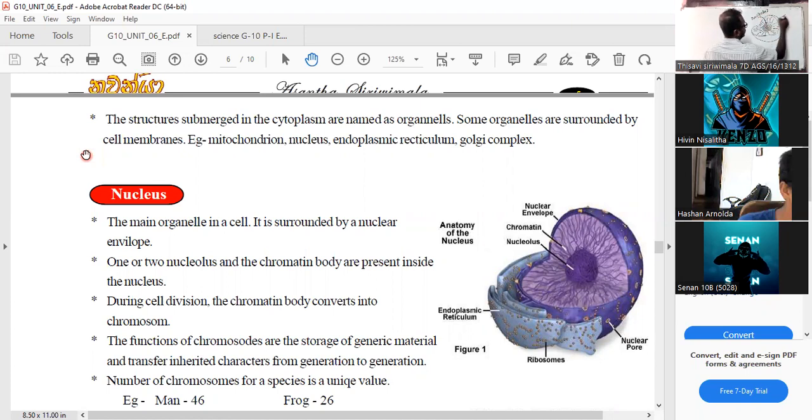Nucleolus, nuclear envelope, chromatin. These are the chromatin. Nucleolus. So those are the information. The endoplasmic reticulum, don't draw it there. It's going to be even more complex if you try to draw it. This will be enough.